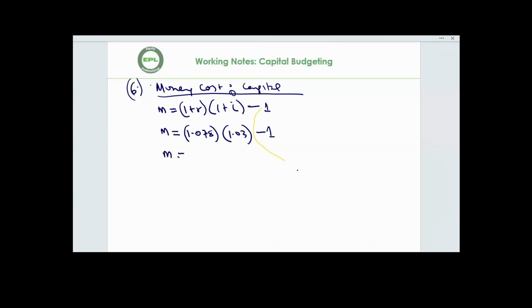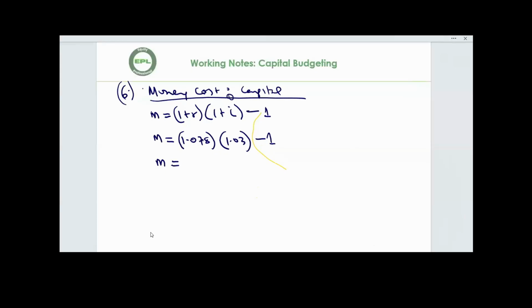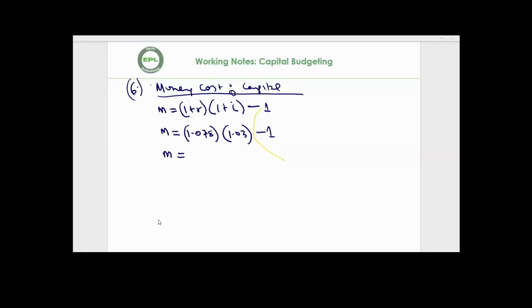Put it in your calculator: 1.078 multiplied by 1.03, minus 1, multiplied by 100% equals 11.034. Money cost of capital is approximately 11%.